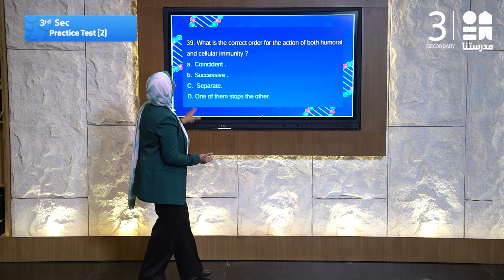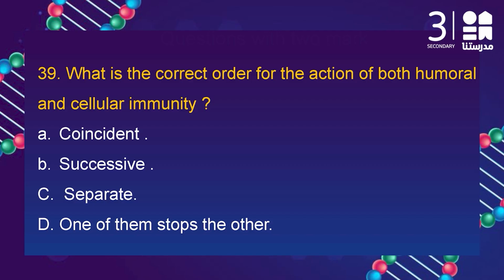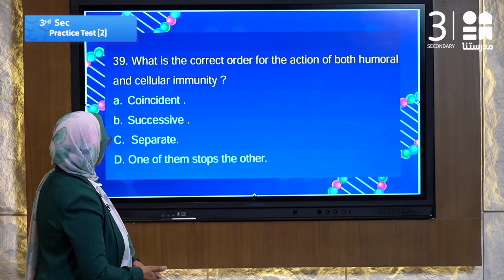Okay, let's go to 39. What is the correct order for the action of both humoral and cellular immunity?